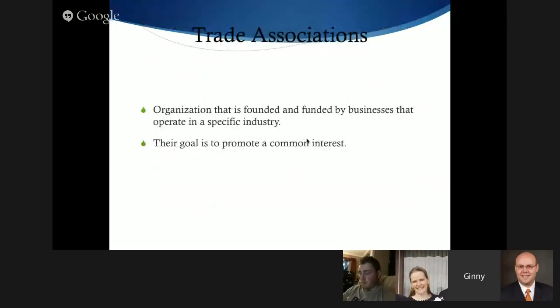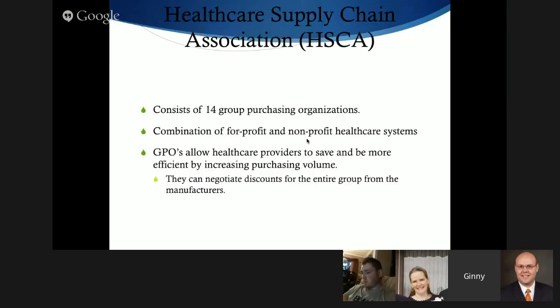Trade associations. A trade association is an organization that is founded and funded by businesses that operate in a specific industry. Their goal is to promote a common interest. One of the main ones that I looked at was the Healthcare Supply Chain Association, and this one consists of 14 group purchasing organizations, a combination of for-profit and non-profit healthcare systems.